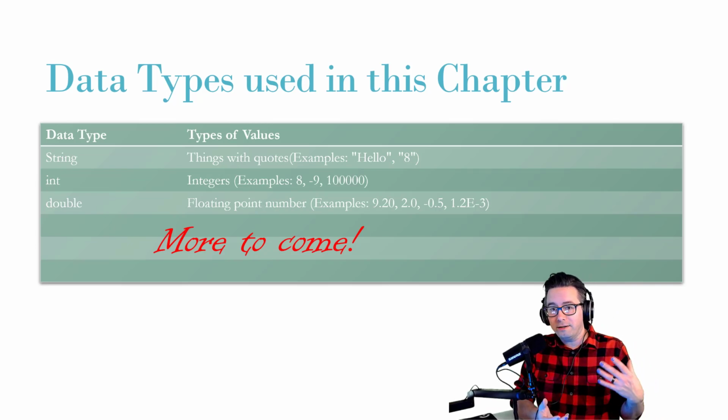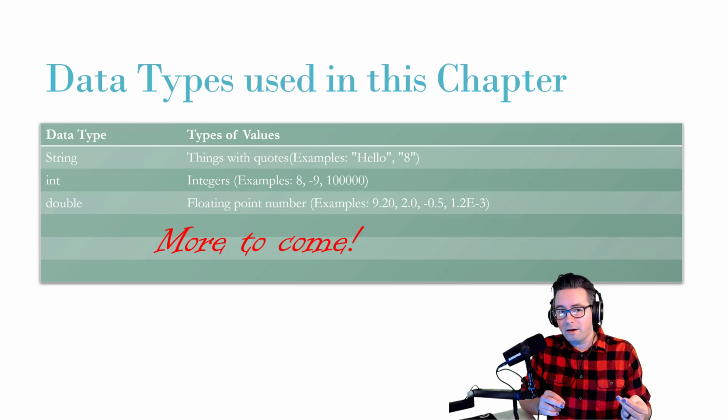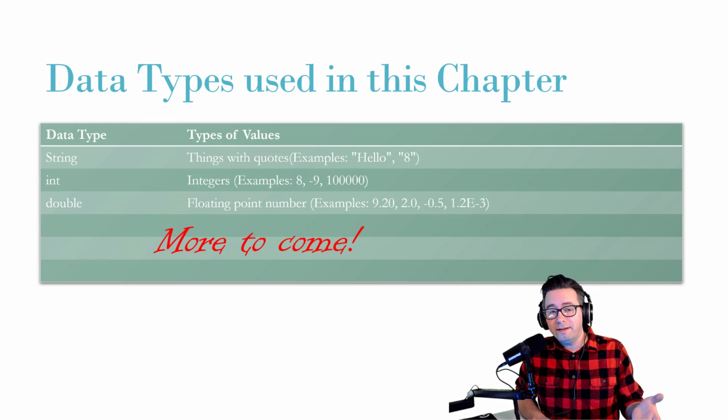So you know it's a string because of that quote. Integers and doubles are both numeric types. Ints are integers, so things that don't have a decimal point. Doubles have that point. It's referred to as a floating point.